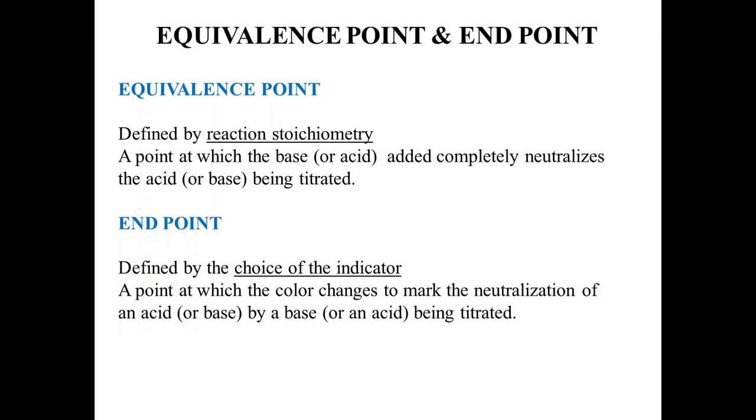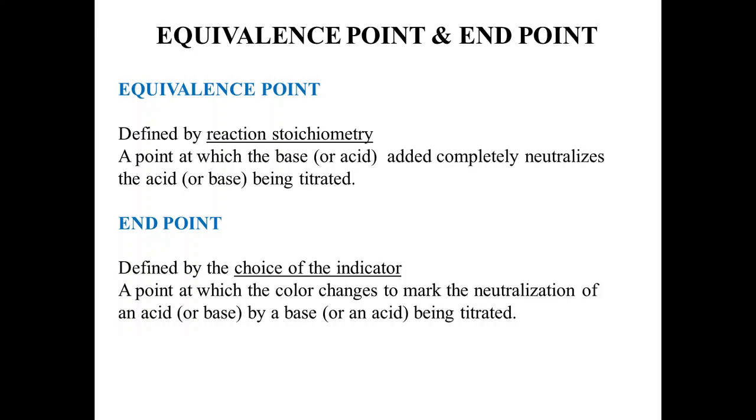The equivalence point is the point at which the base added completely neutralizes the acid being titrated, whereas the end point is the point at which the color changes to mark the neutralization of an acid by a base.